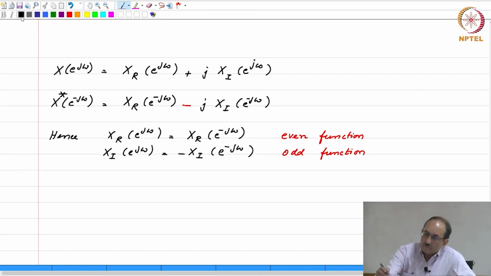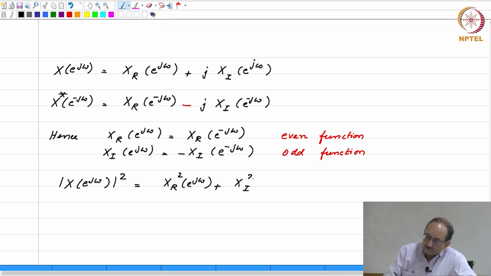and hence if you look at the magnitude squared, this again is even, because the square of an even function is even, and the square of an odd function is again even.